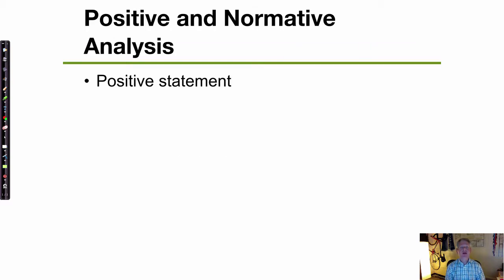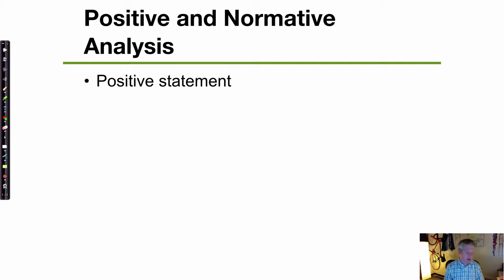All right. So the first thing that is an important distinction in economics is the difference between positive economics and normative economics, or positive analysis and normative analysis. So what's the difference? It's not like positive or negative. It's a little bit different.